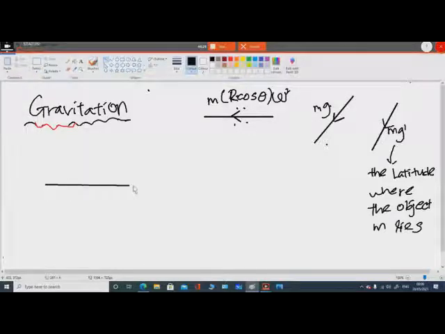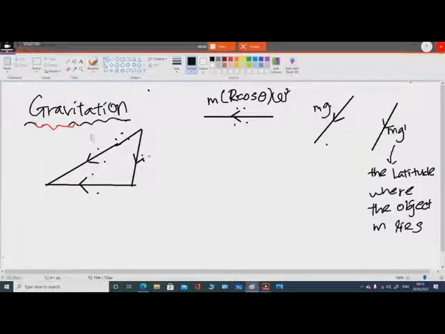So this one will be our vector diagram. This one will be mr cos theta omega square. This one will be our mg here. Let me draw longer. So this one will be our mg prime.